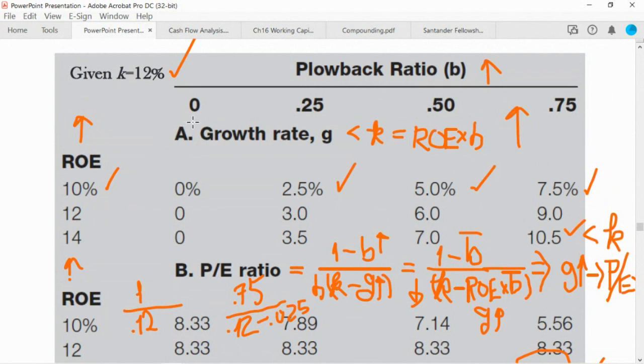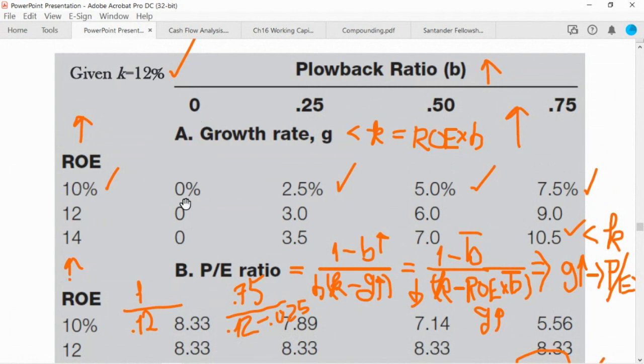Now, a plowback ratio of 0 means paying out all the earnings as dividends. Then 0.25, 0.5, 0.75. And these are the growth rates. The growth rate is the ROE times the plowback ratio, we know that.